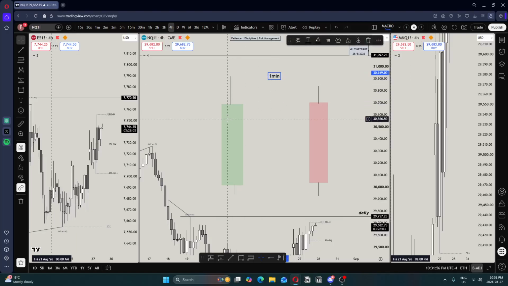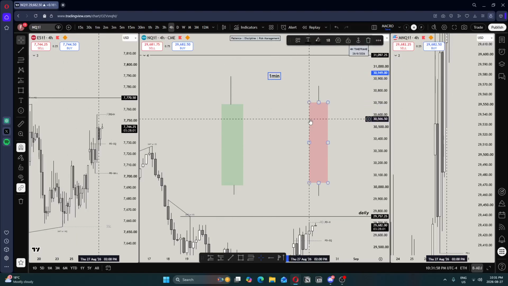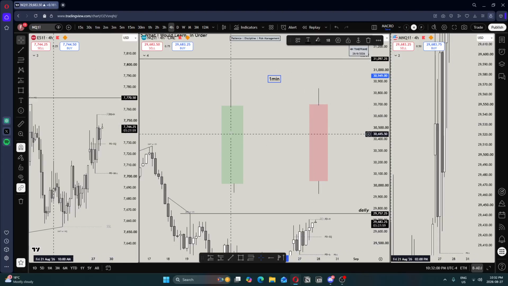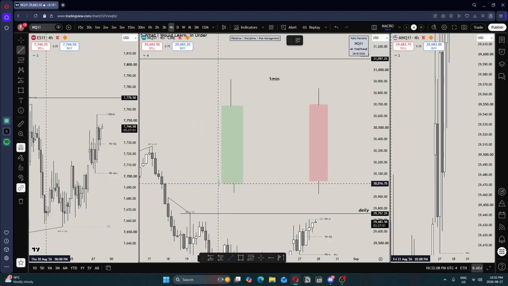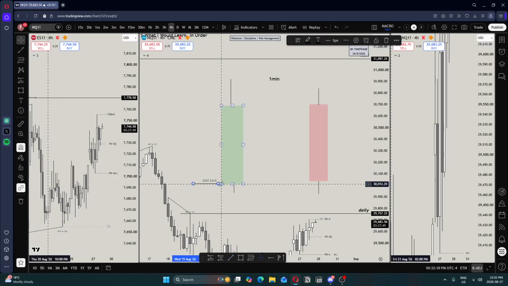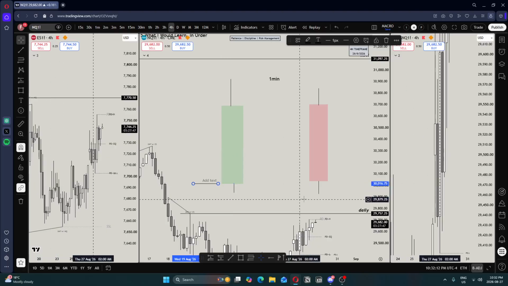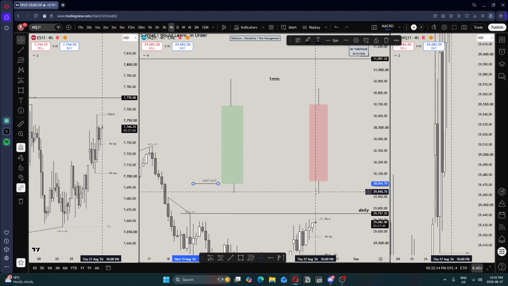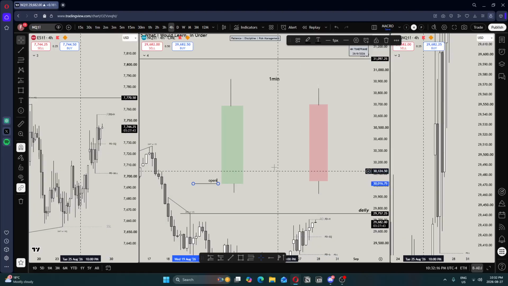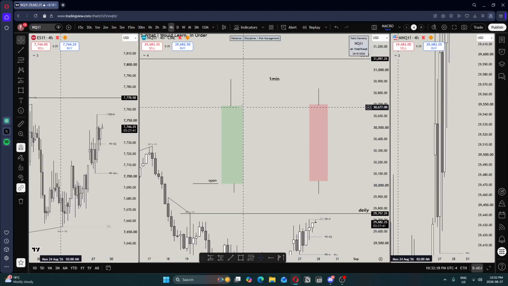Each of these candlesticks represent 1 minute of price. For the green candlestick here, what this represents is this. Price opened right here at the low of the candle body. The high of the candle body is where price closed.